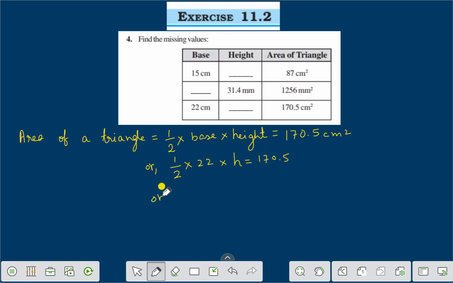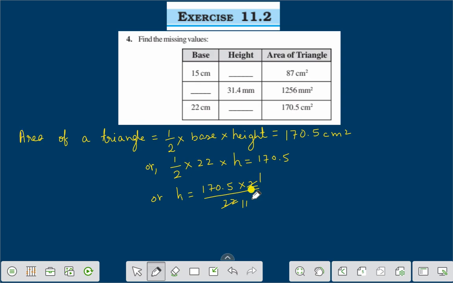Or h is equal to 170.5 into 2 divided by 22. We cut this: 2 11s are 22.